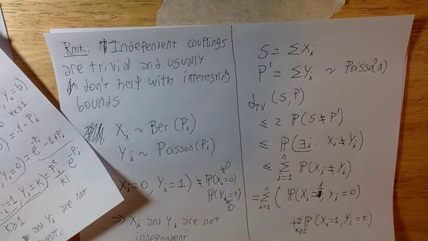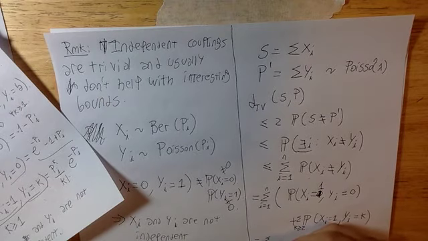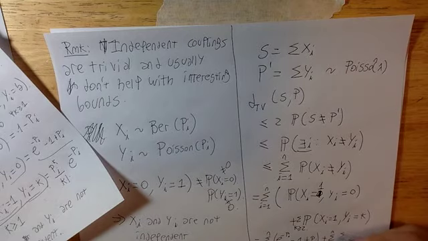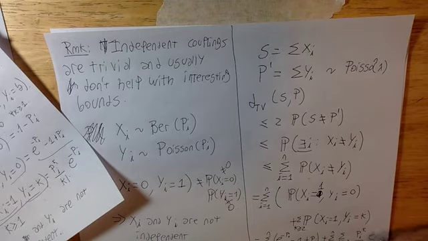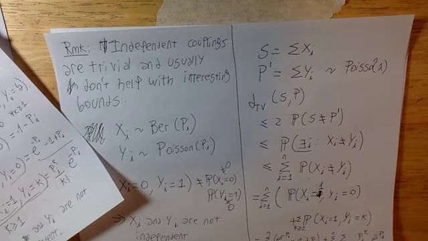And now the only thing that you need to do is replace this into this expression. So this thing here is the sum from i equals 1 up to n of e to the minus pi minus 1 plus pi, plus the sum from i equals 1 up to n of the sum over k bigger or equal than 2 of pi to the k over k factorial times e to the minus pi.